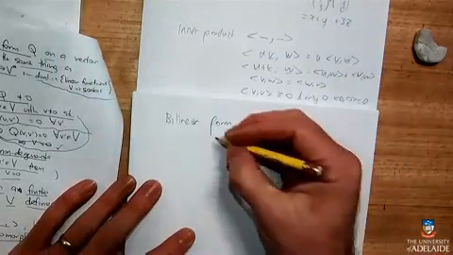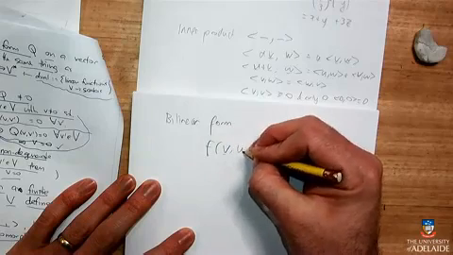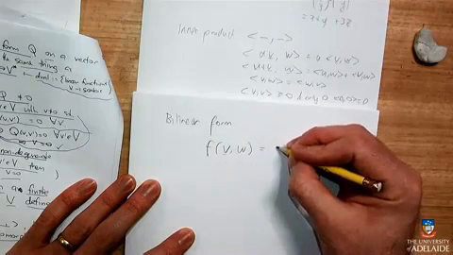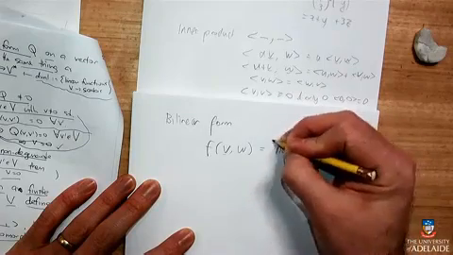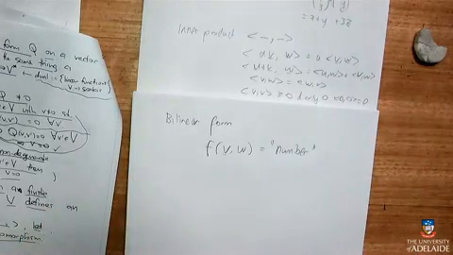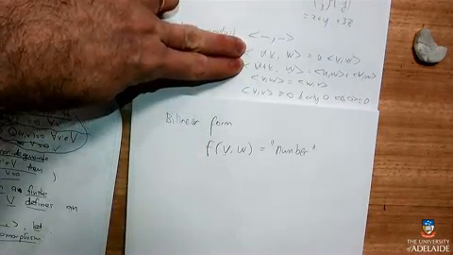So a bilinear form is like a function that equals something in the field. So I'm going to do this because it's not really a number. Okay. And bilinear is this part here. Okay.